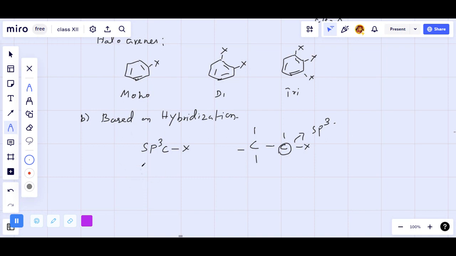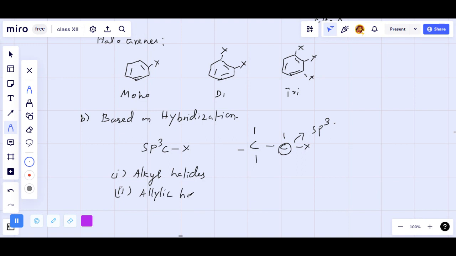Again, three classifications are there here. One is alkyl halide. Second one is allylic halides.